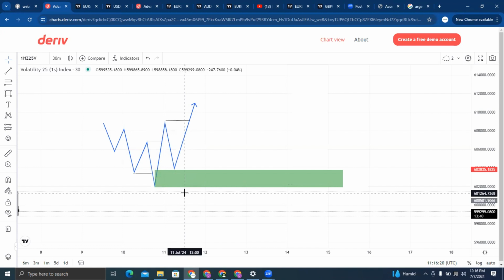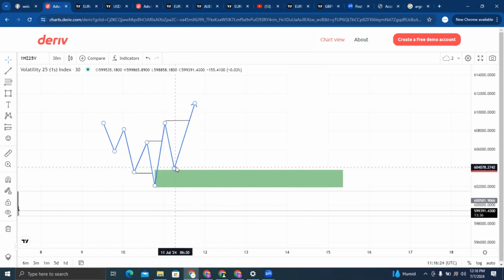All right. So market moves in a way where there's liquidity. So this liquidity is going to fuel this buy move to the upside. So this point here is called the structural liquidity.